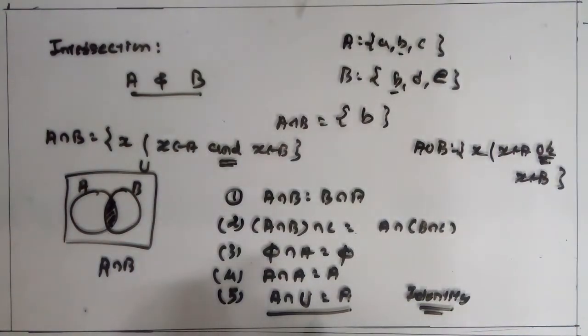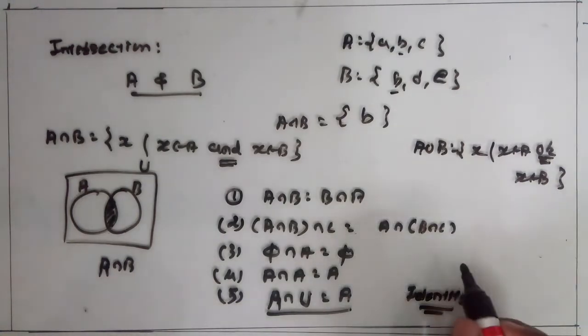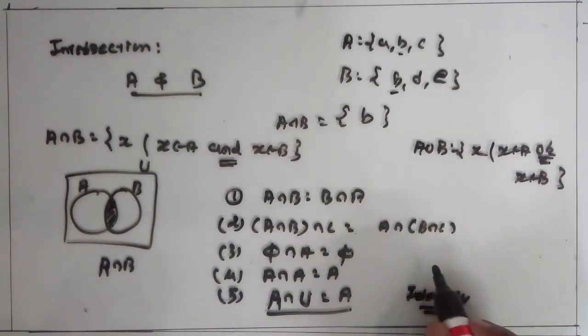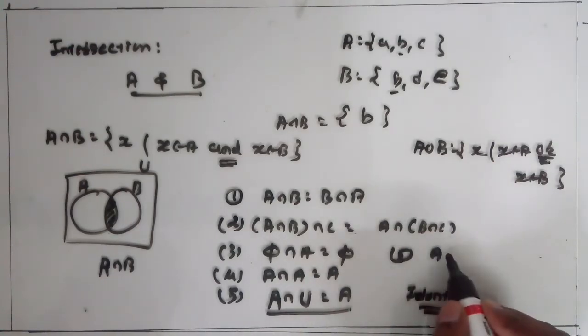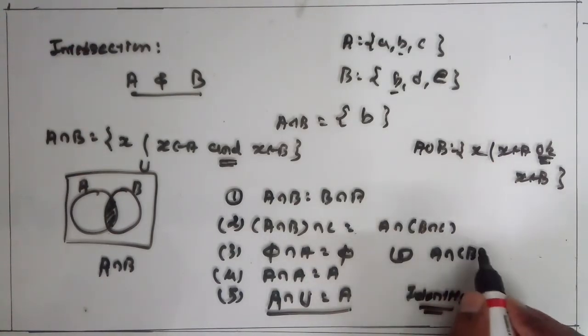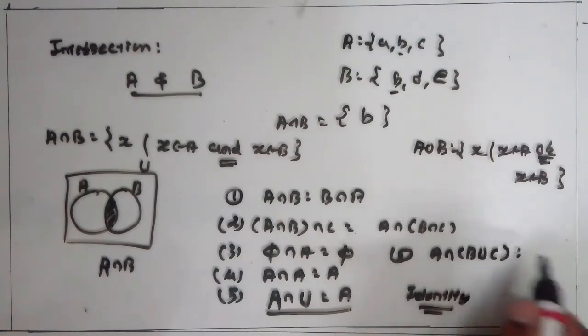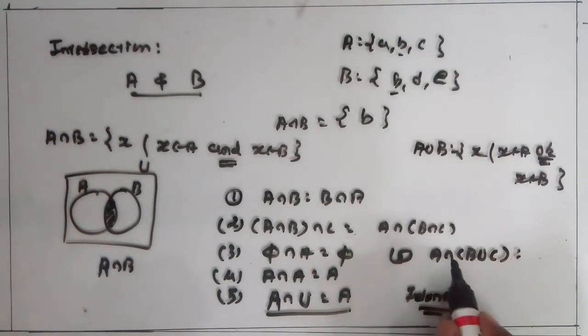What is the identity for the union operation? Remember this. For intersection, remember. Clear? Now next, A ∩ (B ∪ C) is equal to (A ∩ B) ∪ (A ∩ C).